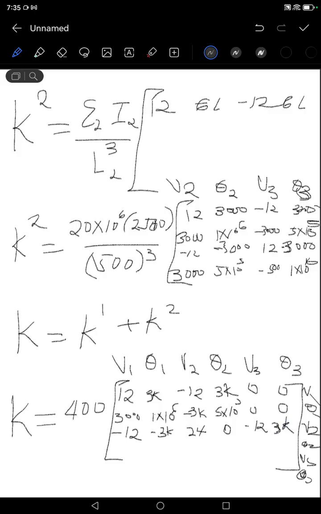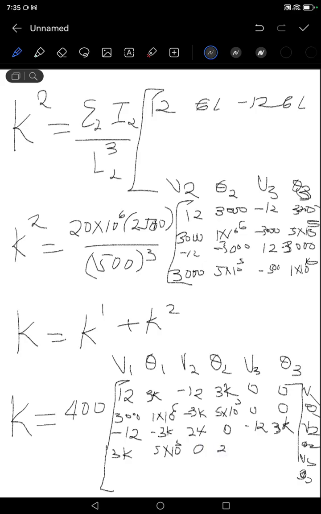And then theta 2, on theta 2, we're going to have a 3000, and then 5 times 10 to the power 5, and then we're going to have 0.